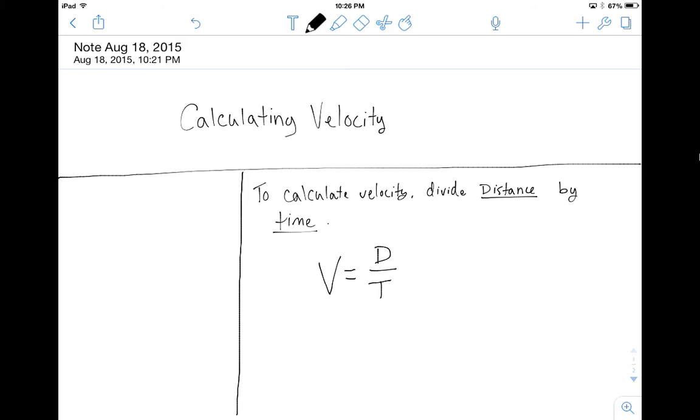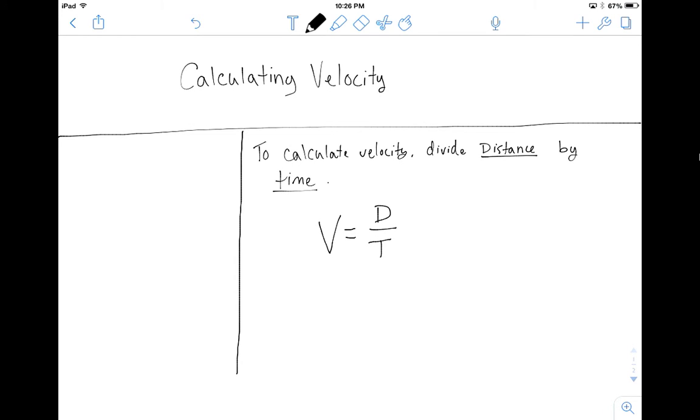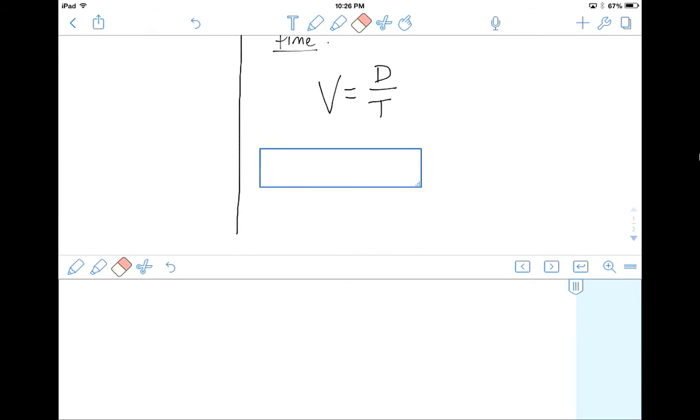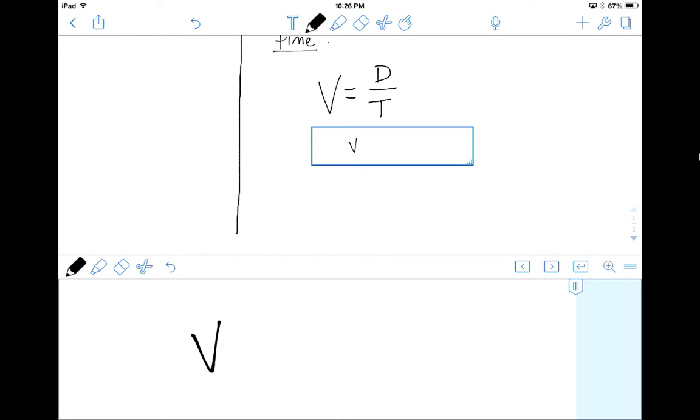We're going to get a little bit more into rearranging that in the future, but for now, let's just use that. Anytime I give you an equation, what I like to do is go down below the equation and label what everything means. V stands for velocity.